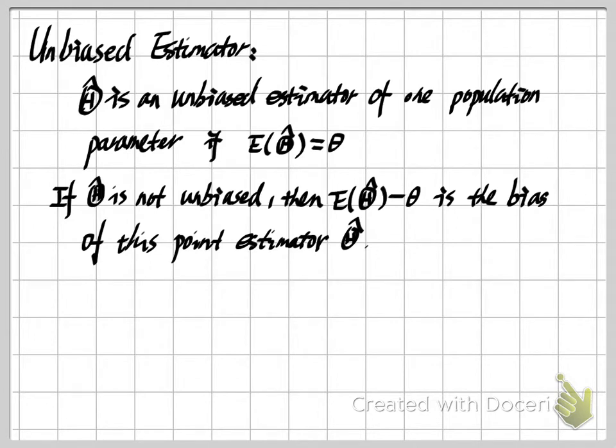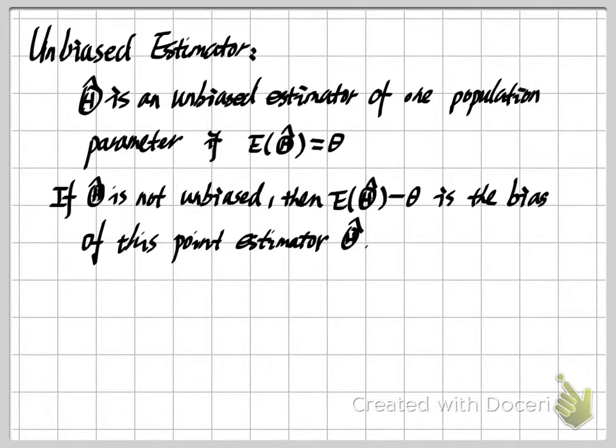Unbiased estimator is a very important terminology in point estimation, because when we do point estimation of some population parameters, we actually have different choices. For example, if we want to do the point estimation of a population mean, there are two ways to do it.